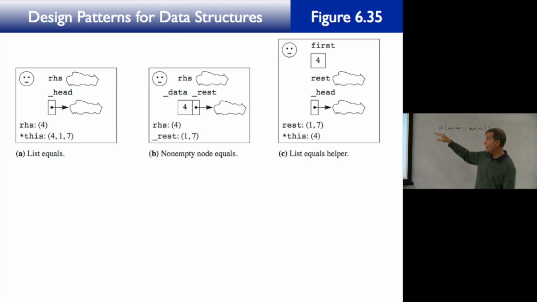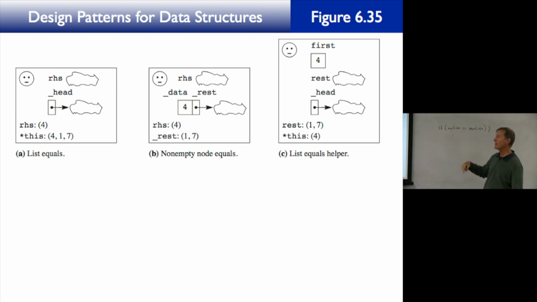So there's underscore head. And then what got passed along here? This shows you what gets passed along is the parameters, you see? So what's getting passed along is the parameters, first and rest. Are you with me? So at this point, rest is 17, this is 4, and that's our list equals helper.